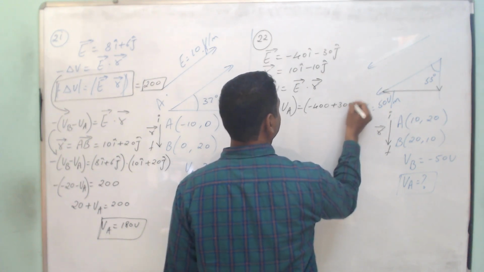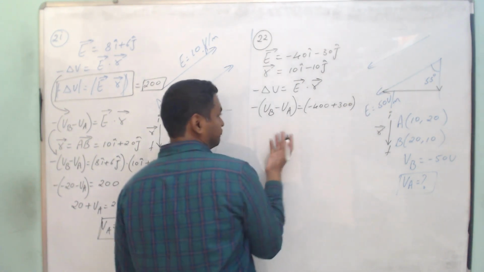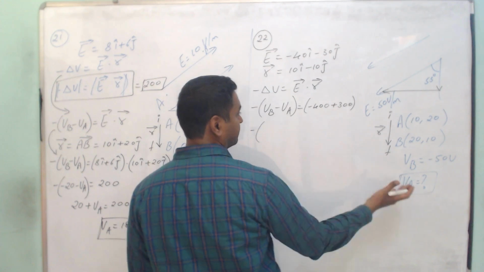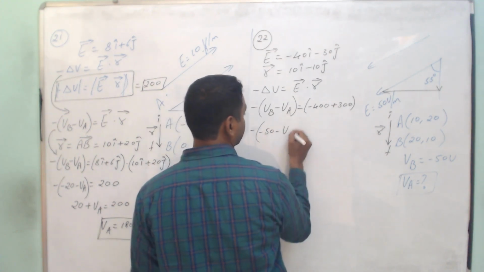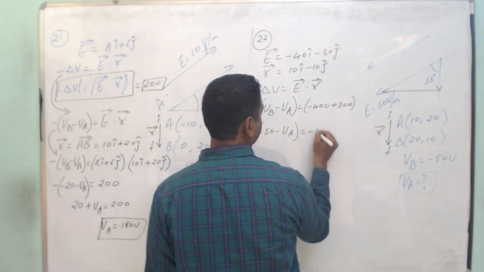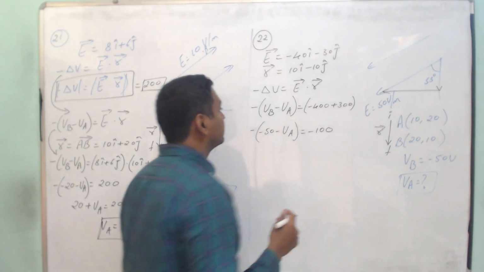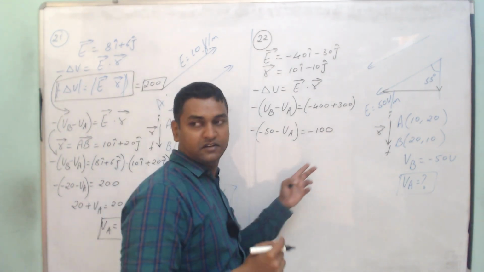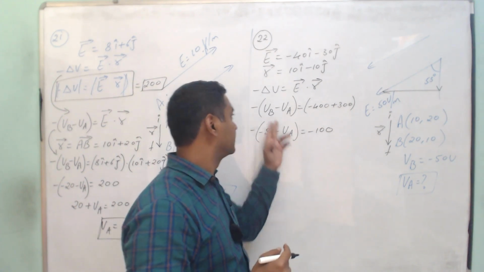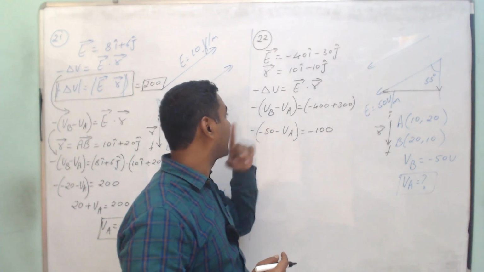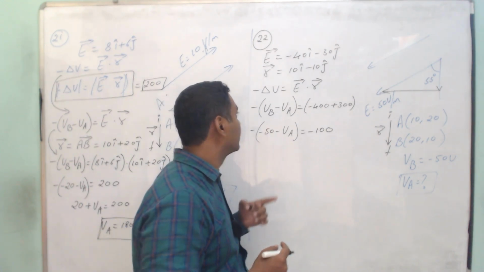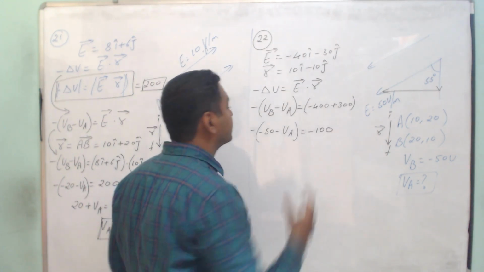So minus delta V is 100. Minus minus gets cancelled. VB minus VA is 100.